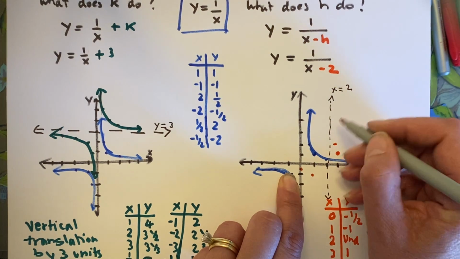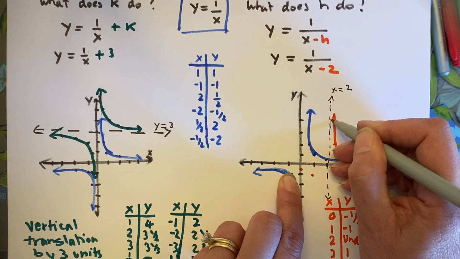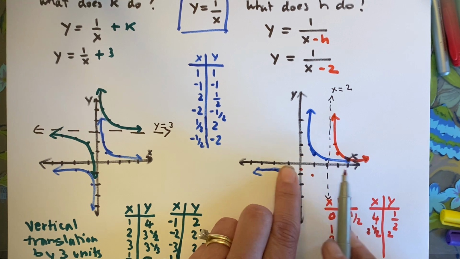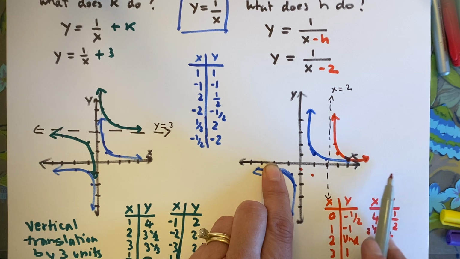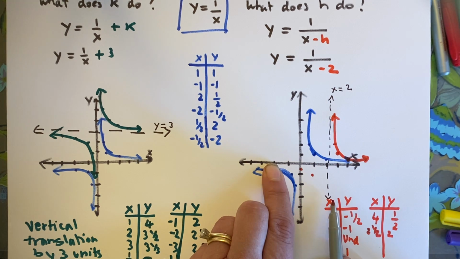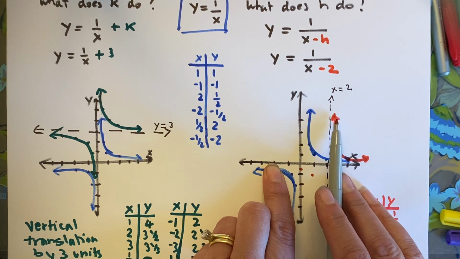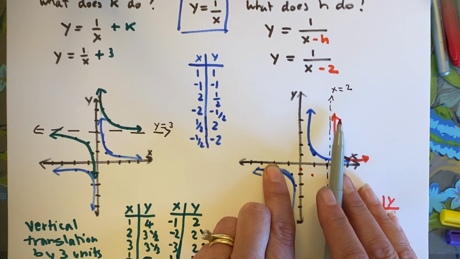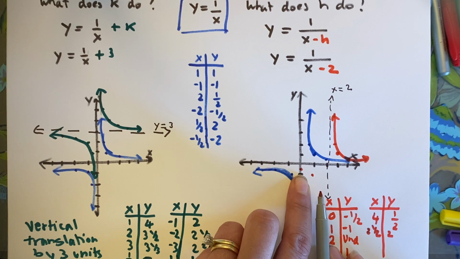I can see right away now I have this branch of my hyperbola, and you can see it's getting closer and closer to the y equals 0 line and closer to the x equals 2 line, but never touches either. And you can see that it's shifted over from here to here, so it's shifted sideways, or horizontally, by 2 units.